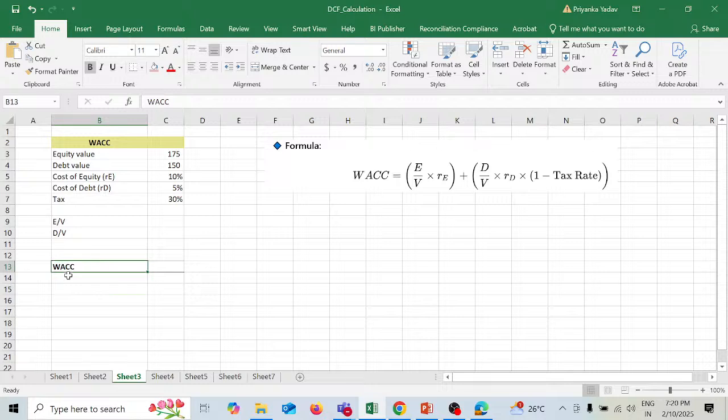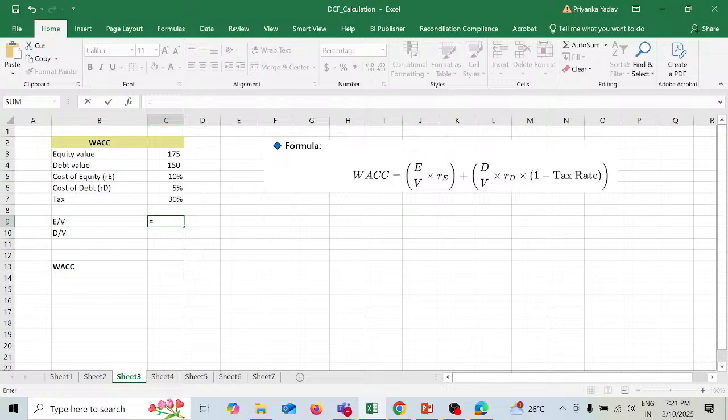Now to calculate WACC, your first element is E by V. So let's calculate this first over here. Equity value divided by V.